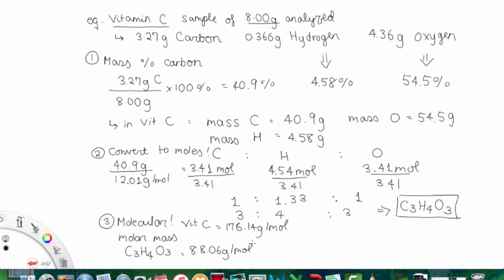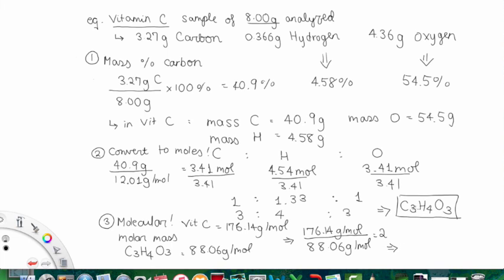From here, in order to figure out the molecular formula, you divide the molar mass of vitamin C by the molar mass of the empirical formula in order to figure out the ratio, and this ends up being 2. So what's the molecular formula?